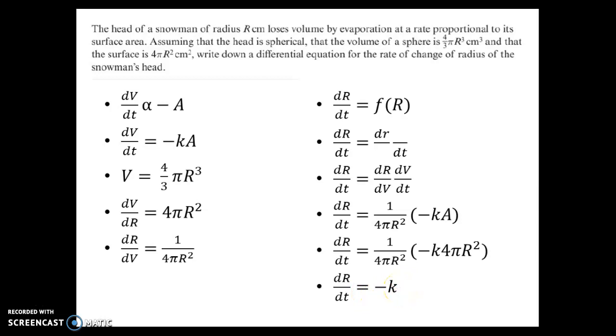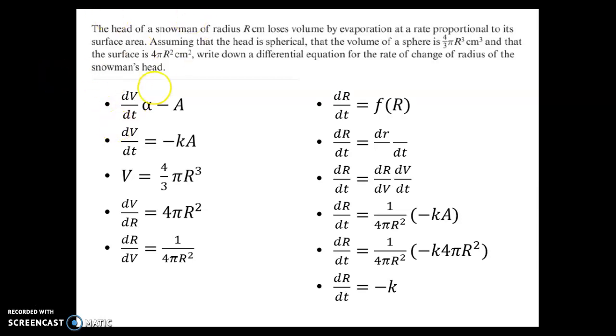I think this is a nice question, and the reason I think that is that we've got a situation where all this stuff is believable in the question, and we can establish that if you filmed a snowman's head melting in the weather, according to these assumptions, the radius will reduce at a constant rate.